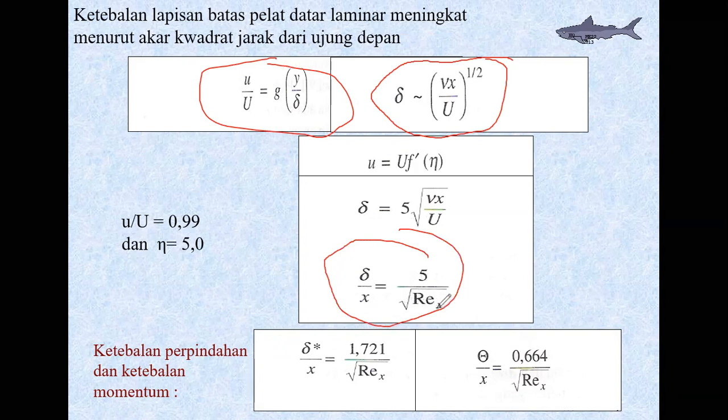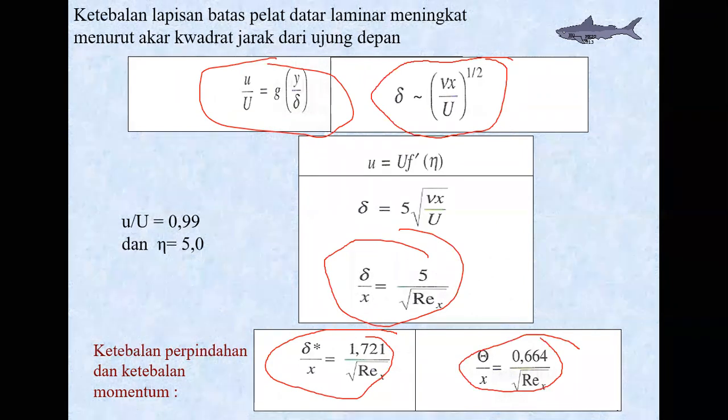If you know the Reynolds number, which is a function of x, velocity, and viscosity, we can determine the boundary layer thickness, also the displacement thickness, and also the momentum thickness. Those values give you the solution for the boundary layer equations.